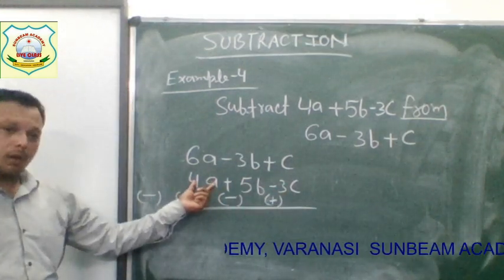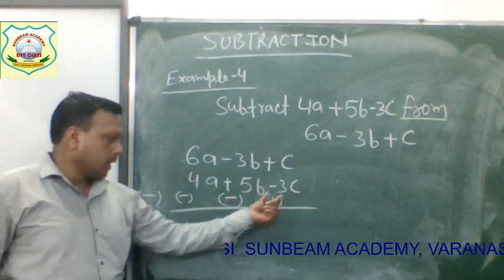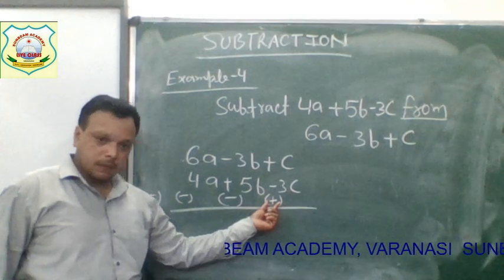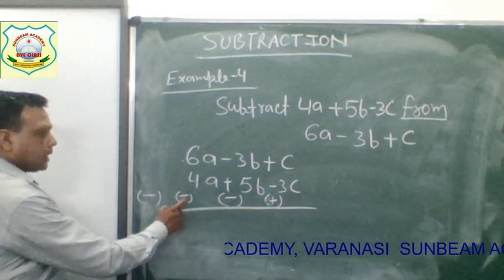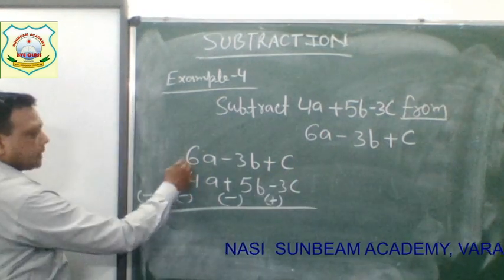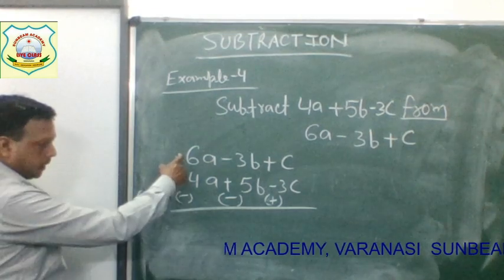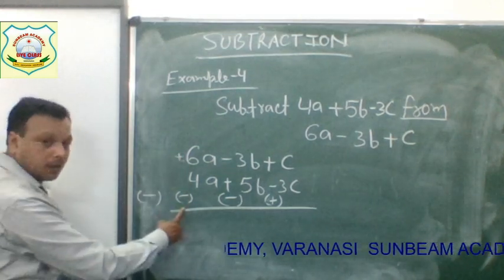In 4a, what sign is there now? Minus. 5b, what sign? Minus. And 3c, what sign? Plus. Okay students? So compare these signs to the first expression. What sign is here? Plus. So plus and minus, plus and minus, plus and minus.